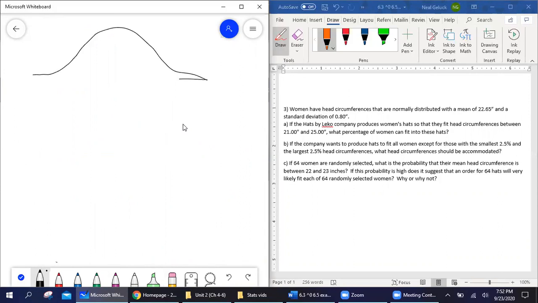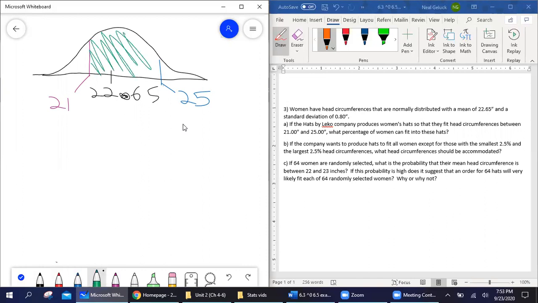So the mean is 22.65. The company produces hats so they fit head circumferences between 21 and 25. What percentage of women can fit into these hats? So I want to know the in-between area.